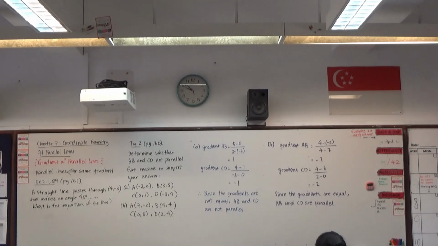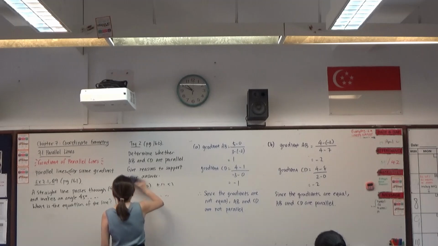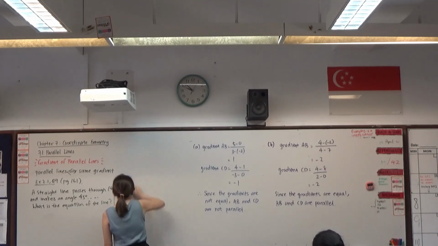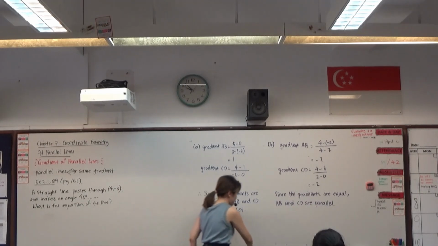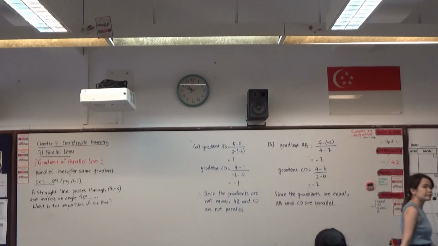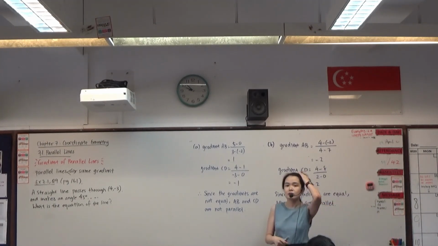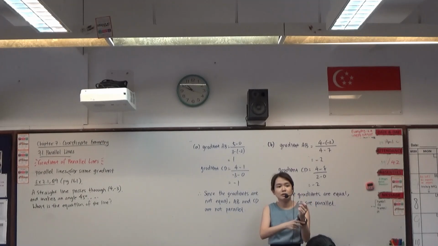Okay. So how will we be able to find out the equation of the line? What did we learn in our E-maths that helps us find the equation of a straight line? What must we have when we want to find the equation of a straight line? Yes, Yang Yi. What must we have to find the equation of a straight line?